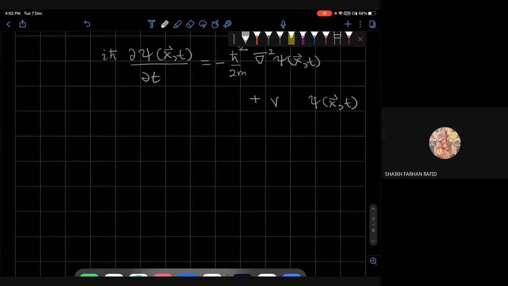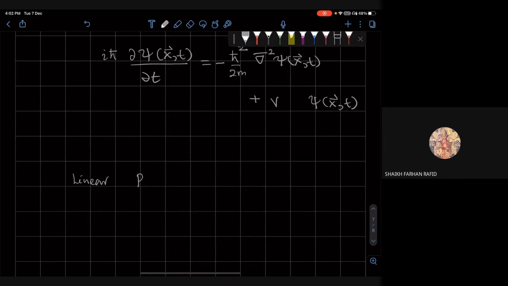So this is a linear PDE, but it's not relativistically invariant, unlike some other PDEs we know of. Do you know of any PDEs that are relativistically invariant in physics? PDE means partial differential equations. Simple harmonic motion. Is that relativistically invariant?